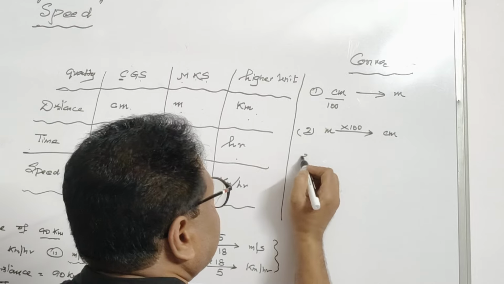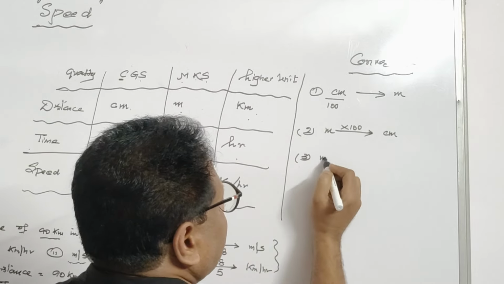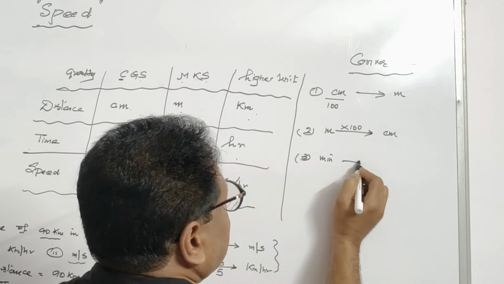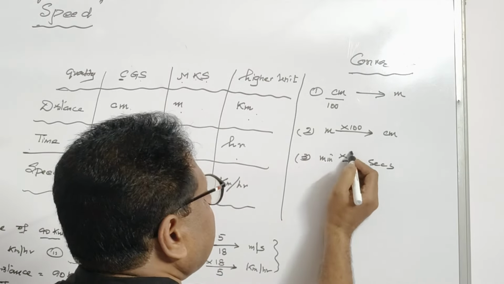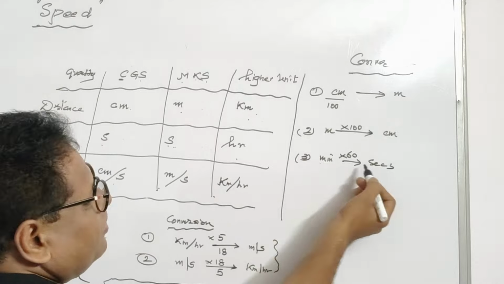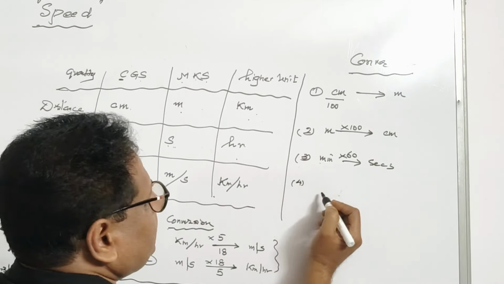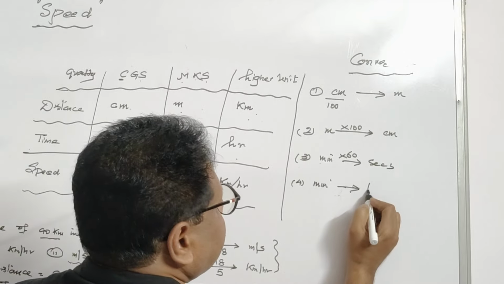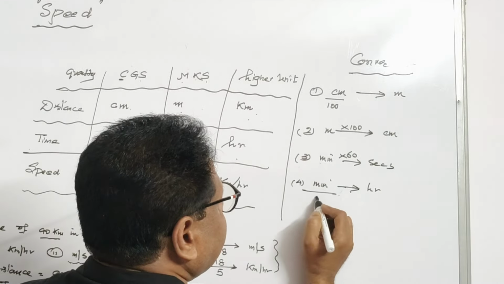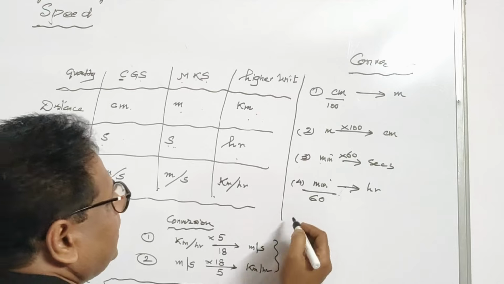Third, if you want to convert minutes to seconds, simply multiply by 60 because 1 minute equals 60 seconds. Fourth, if you want to convert minutes into hours, simply divide it by 60.